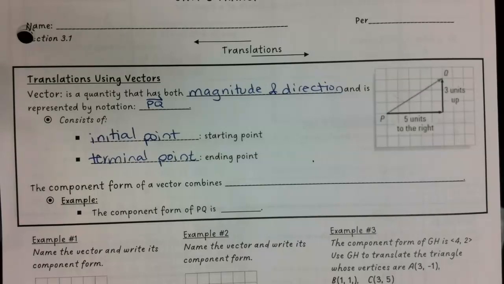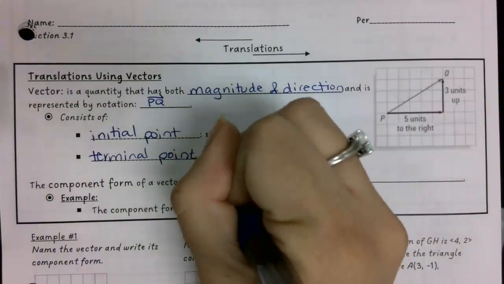Okay, so a component form of a vector combines horizontal and vertical translations.